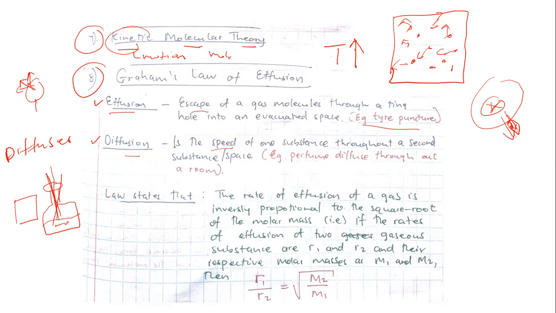So what is diffusion? Diffusion is the speed of one substance through a second substance or space. Example, perfume diffusing at room temperature. This is how the diffuser works. There is a perfume in this space, but it needs to move out of this space into the room.